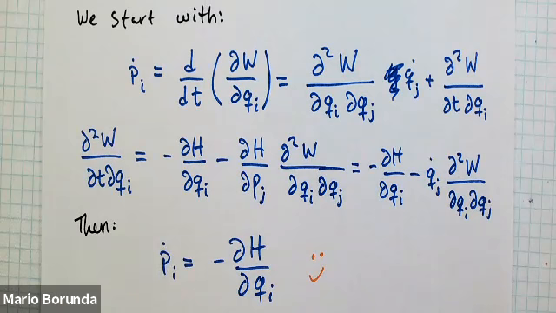We were at the beginning with Lagrange equations, using second order differential equations for the time evolution on configuration space. Then we went to Hamilton's equations, and in Hamilton's equations, we're dealing with first order differential equations for the time evolution on phase space.